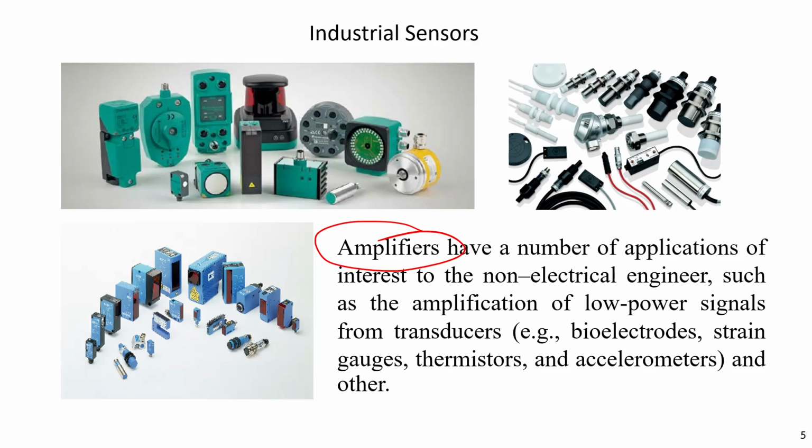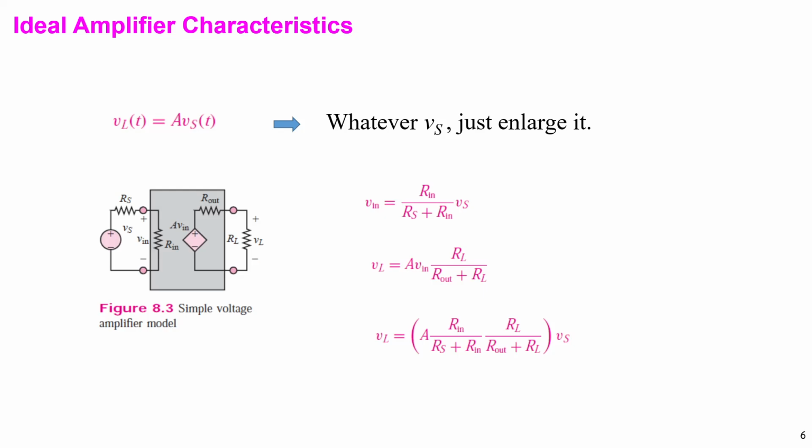So we have many types of amplification circuit, and basically we use the op-amp, the device called op-amp. This is the ideal op amp. The op amp is the device that can change the magnitude of the input signal.